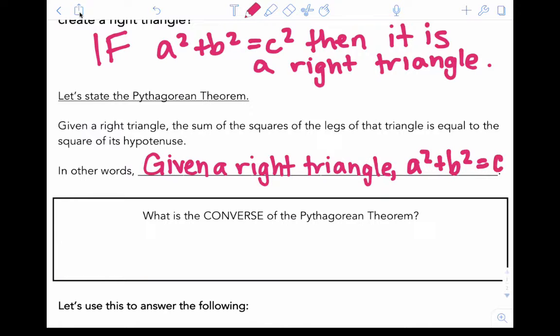The hypotenuse is c, and the square of it is c squared. Okay, so this is the Pythagorean theorem.